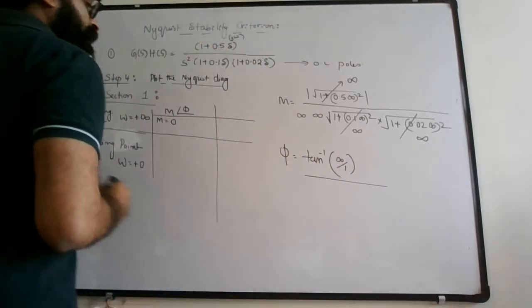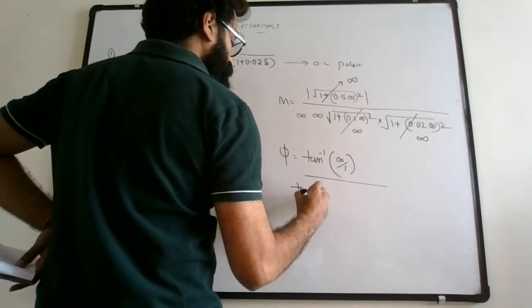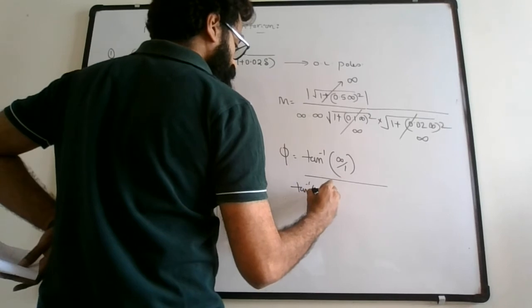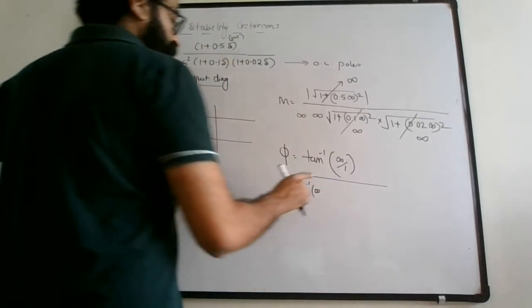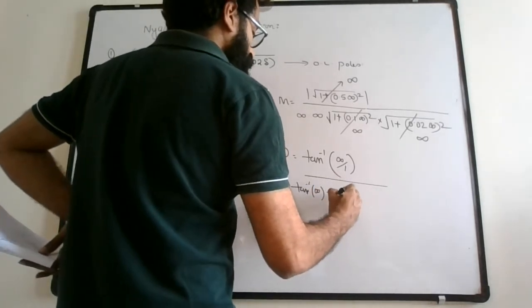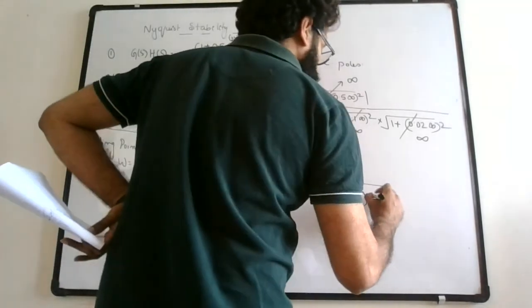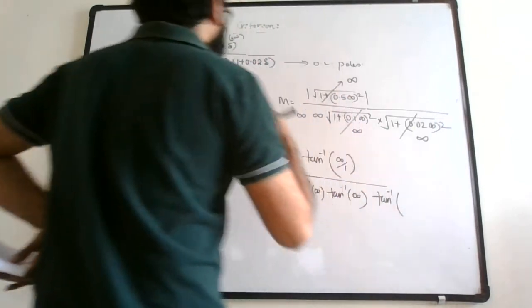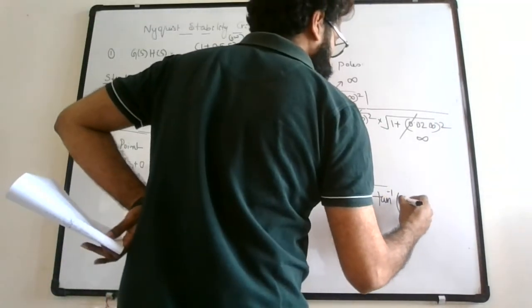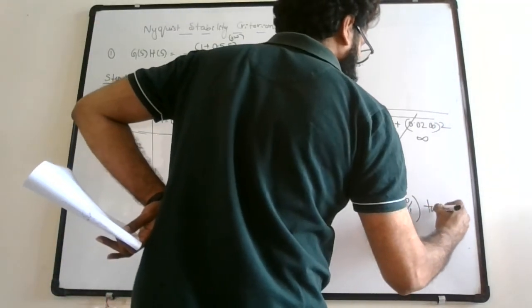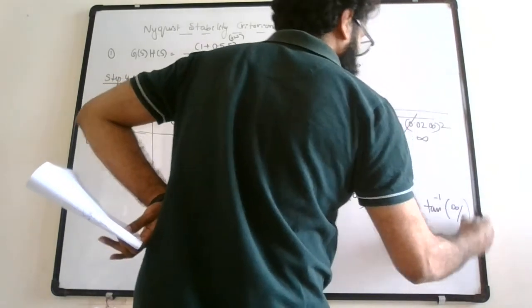So tan inverse of infinity by 1 in the numerator, and similarly you have tan inverse of infinity by 1 in the denominator terms.